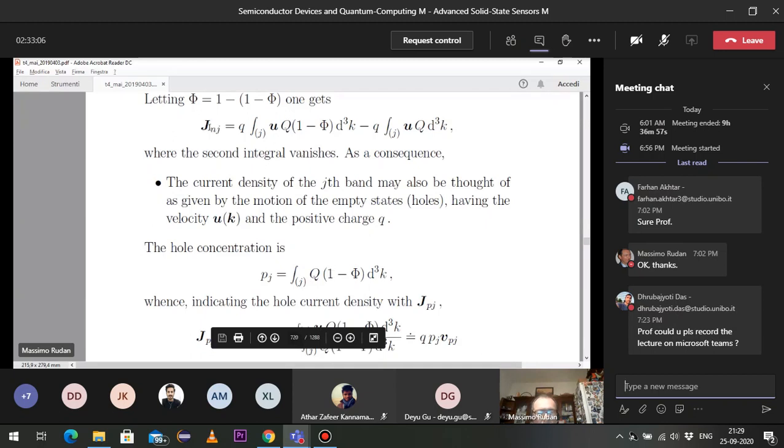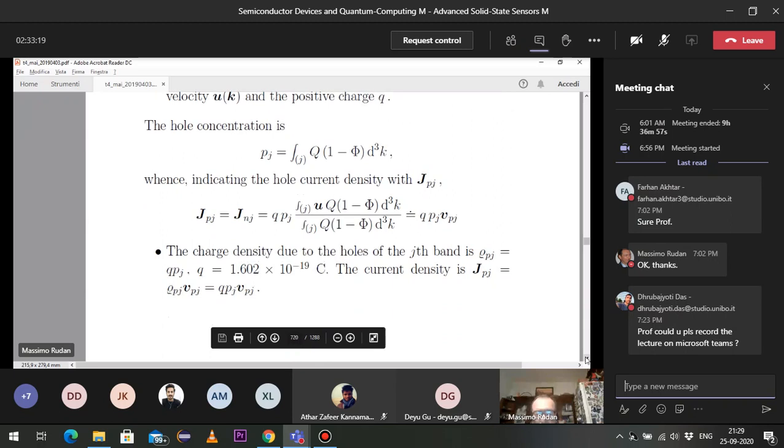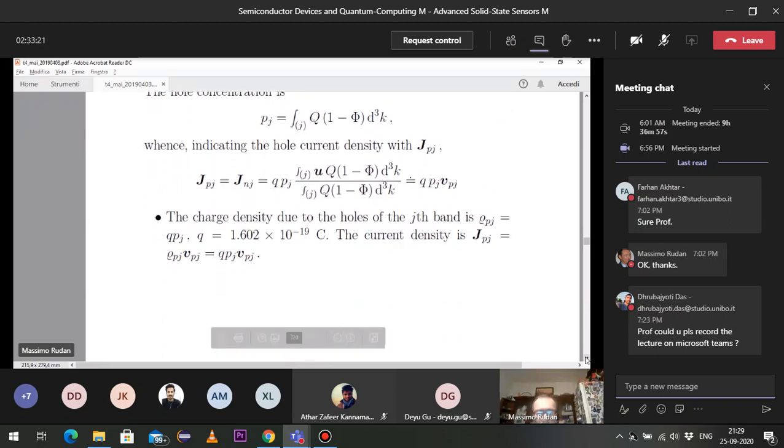So let's take the expression of the current density here, and then let's divide and multiply this current density by the concentration of the holes. What you obtain is this last formula. When you multiply by the concentration of the holes, you have p_j, the concentration of the holes of the band number j given by the integral above.